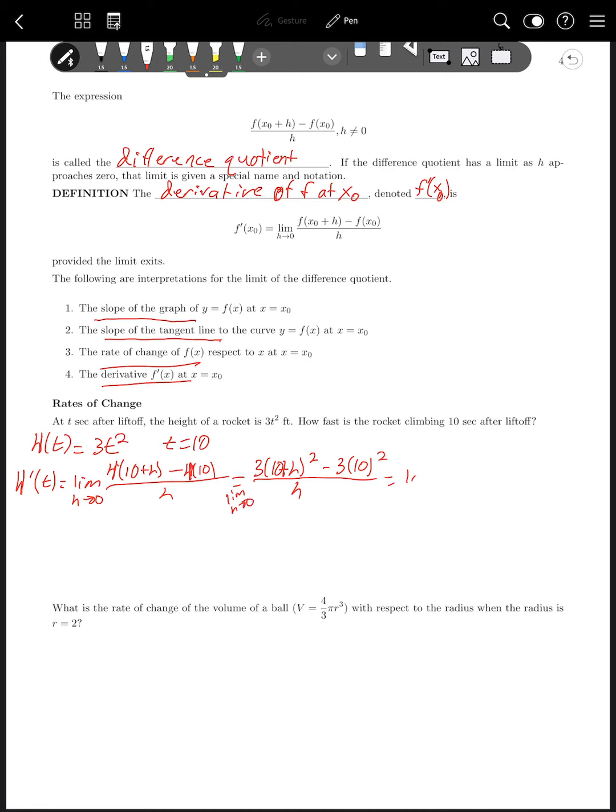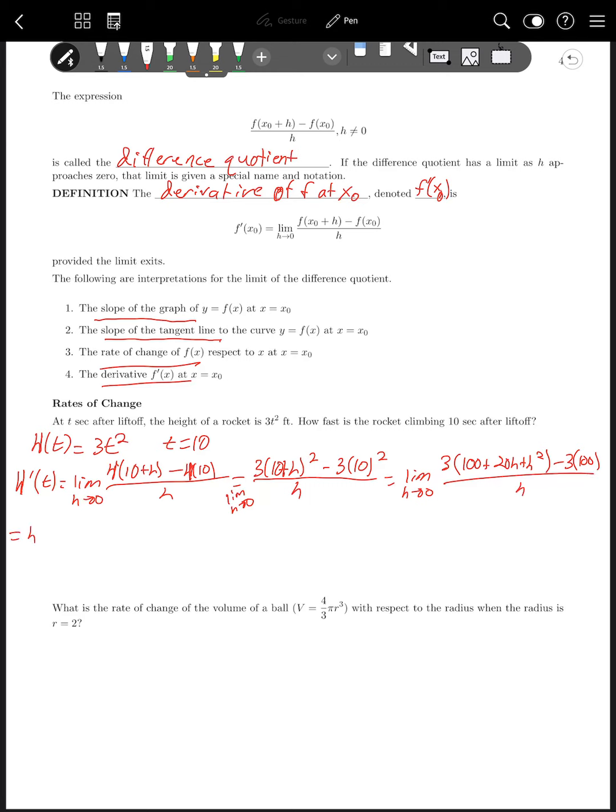Multiply those out. So this is the limit as h approaches 0 of 3 times 100 plus 20h plus h squared minus 3 times 100 all over h, and then distribute.